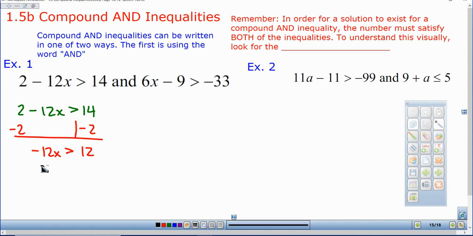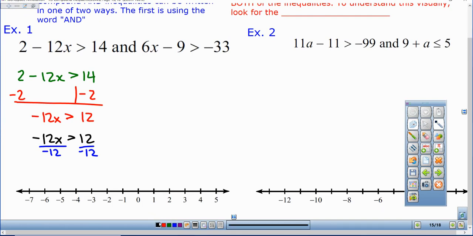Then I'm going to get the x by itself, which means that the negative 12 needs to leave. We do that by division. If you'll recall, when we divide by a negative with an inequality, we're going to have to flip the sign around, and we are going to get x is less than -1.